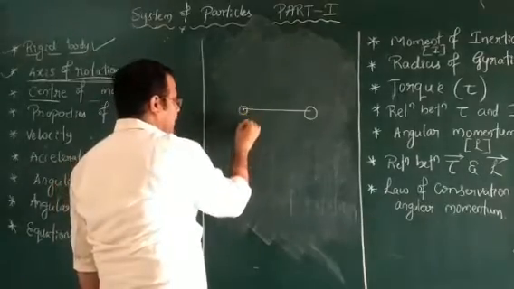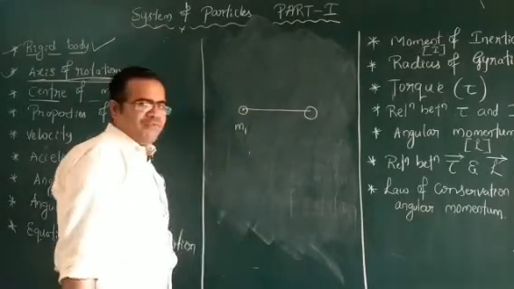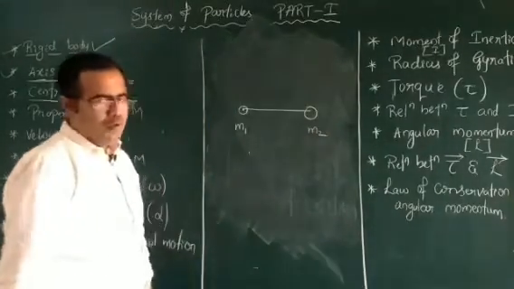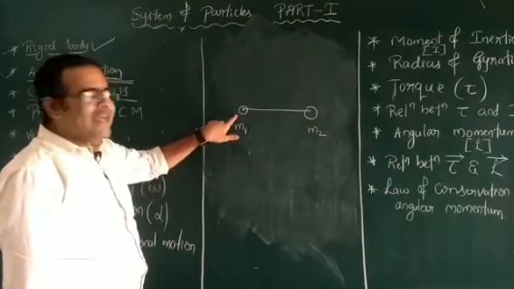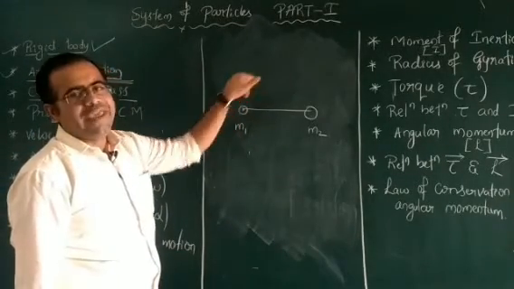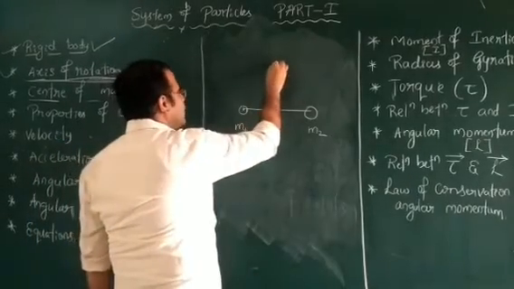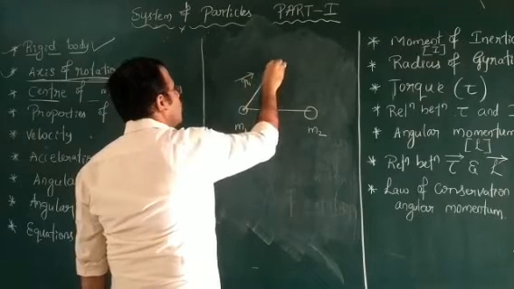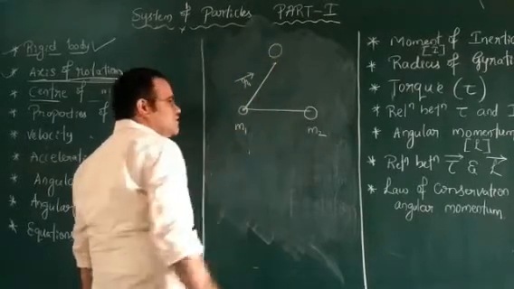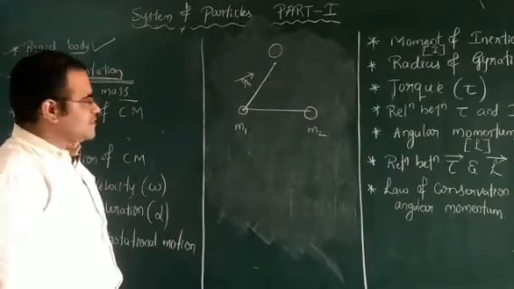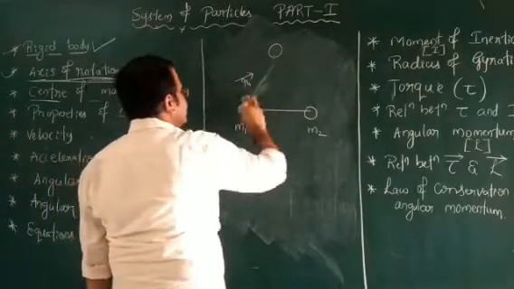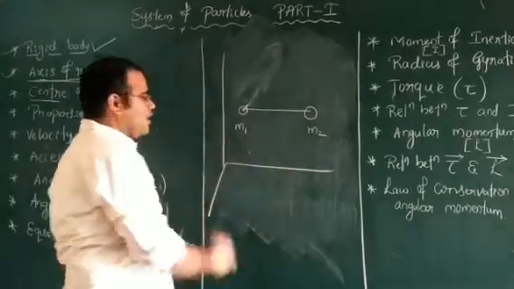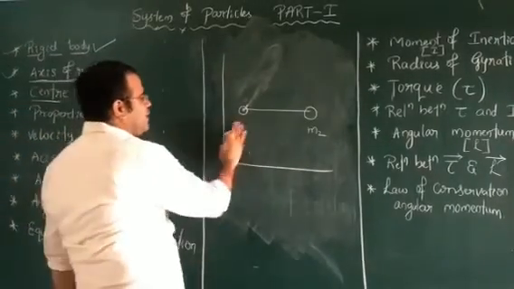The first particle has a mass of m1, and the second particle has a mass of m2, and the first particle is at a distance of vector r1 from the origin. Let us assume we consider a coordinate system here, so we will apply a coordinate system like this.